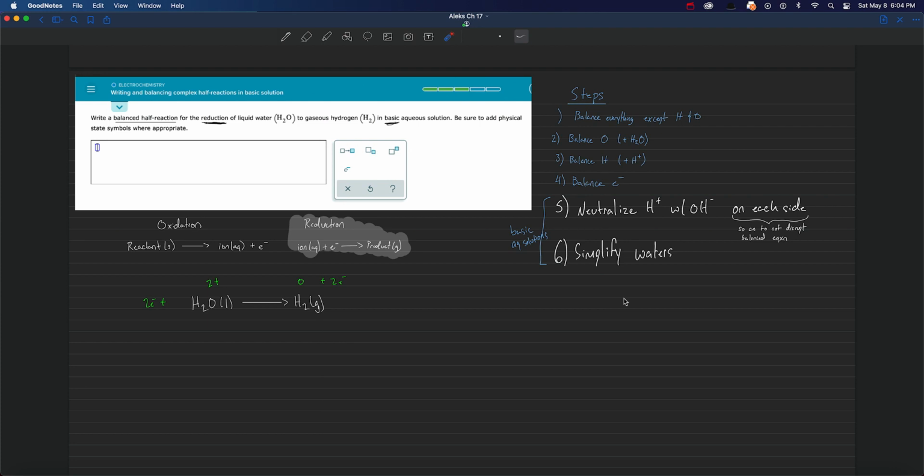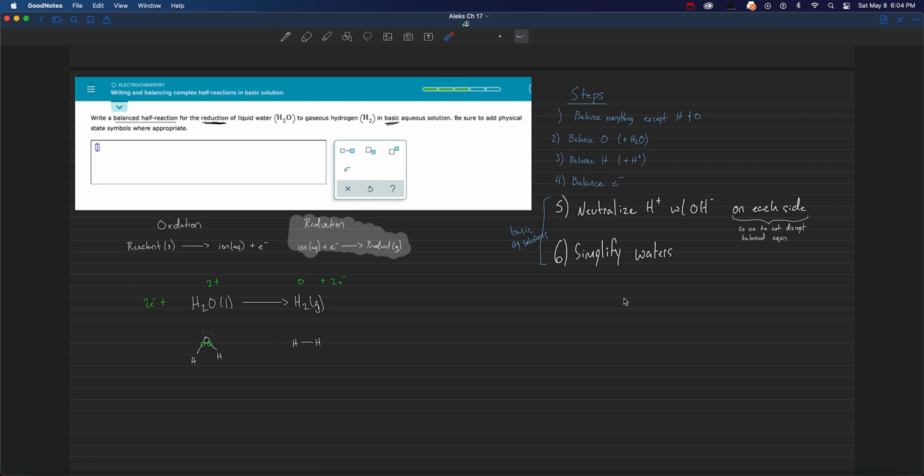If we really want to write out the Lewis structures of this, just to show you guys what this looks like, this is going to be reduced. This looks very simple, but the electrons here are being shared with oxygen. Those electrons are coming from oxygen because oxygen has 6 valence electrons.